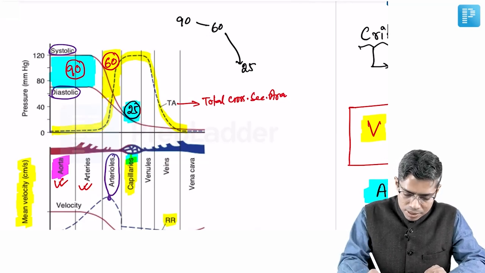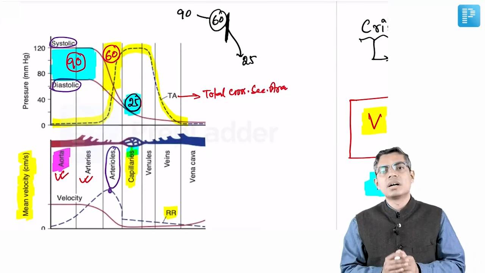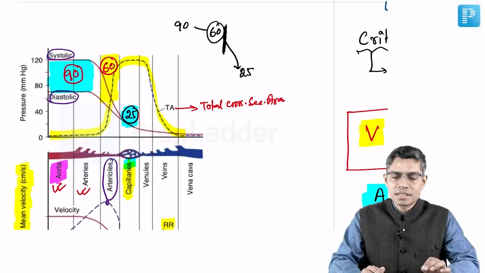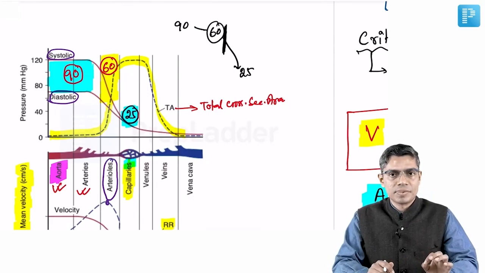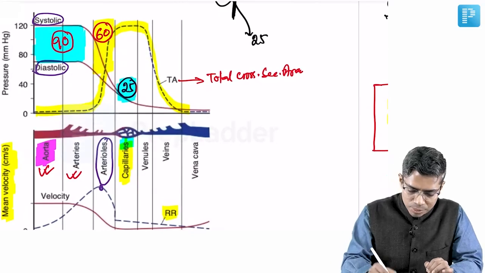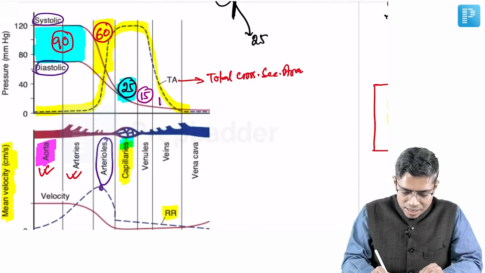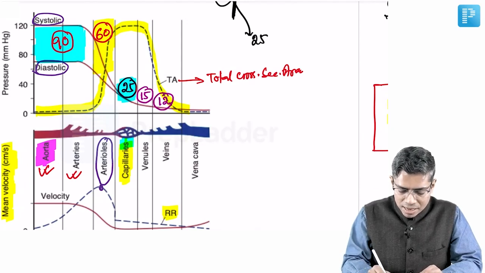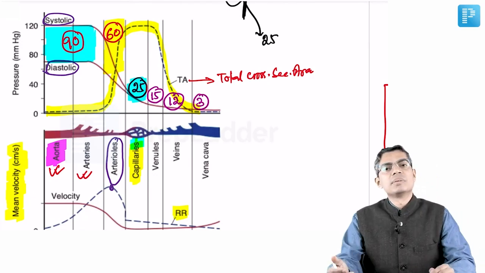Why? Because before the capillaries, the blood is passing through the arterioles. Arterioles are the resistance vessels, so a sudden drop of blood pressure occurs, at the level of the capillary. Now the average blood pressure at the level of venules is around 15 millimeter of mercury, at the level of vein around 12 millimeter of mercury, and at the level of vena cava it is very low, around 3 millimeter of mercury.